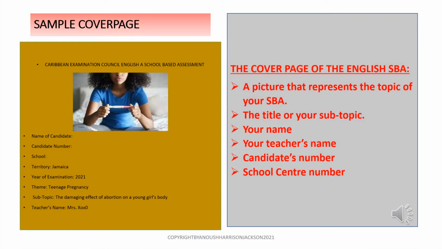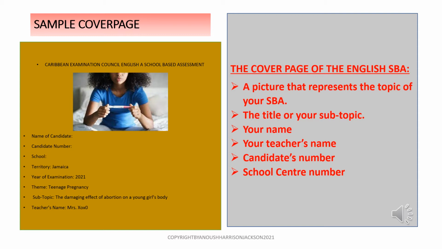On the SBA cover page given here, we see that the cover page, a very important aspect of your SBA, should contain the following. 1. A picture that represents the topic of your SBA. You are going to choose a photograph that, of course, depicts appropriately the topic of your SBA.